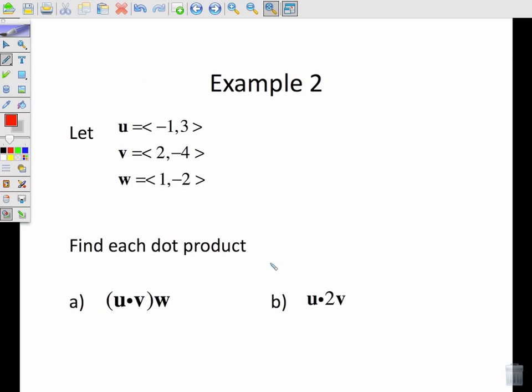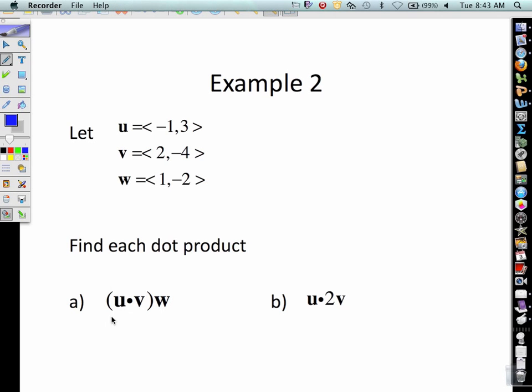Here are some operations to practice some of the properties. Here are the vectors u, v, and w, and this is asking us to find the dot product of u and v, and then times w.